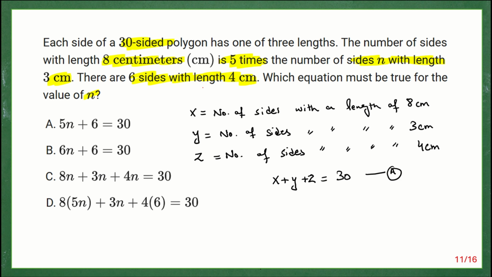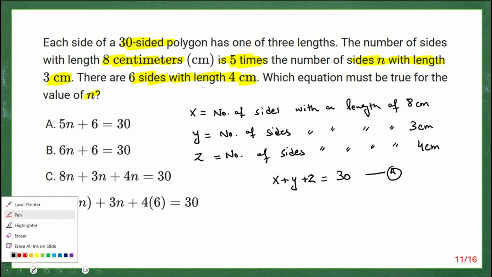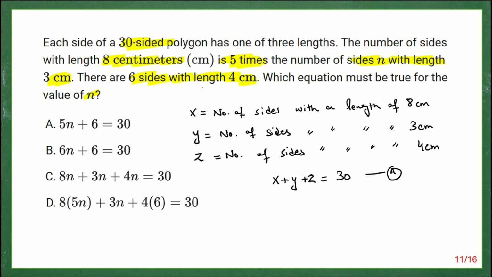So I can write an equation: x plus y plus z equals 30. Now we have to figure out the values of x, y, and z. We are given that the number of sides with length 8 centimeters, that is x, is 5 times the number of sides n with a length of 3 centimeters.